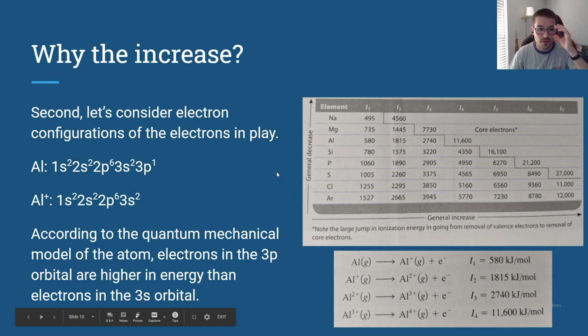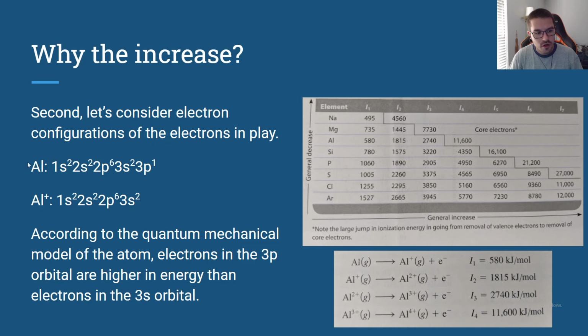Now the second reason is, I think, a little bit more interesting, and maybe a little bit easier to understand. The second reason has to do with the energies of the electron orbitals. So let's consider the electron configurations in play here.